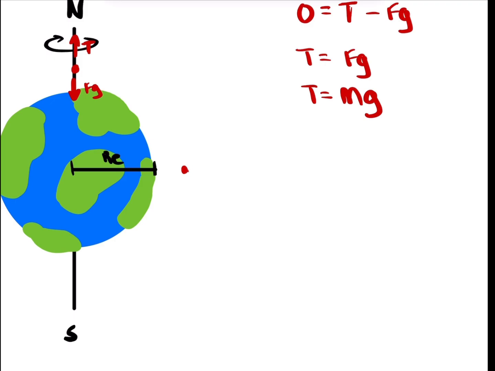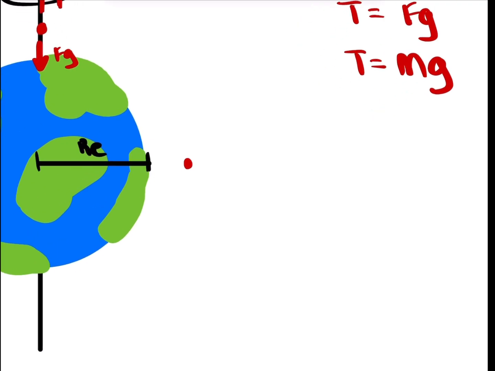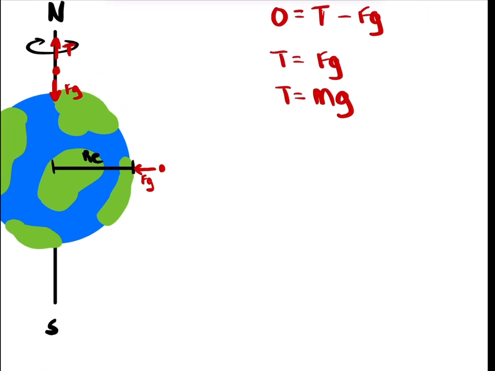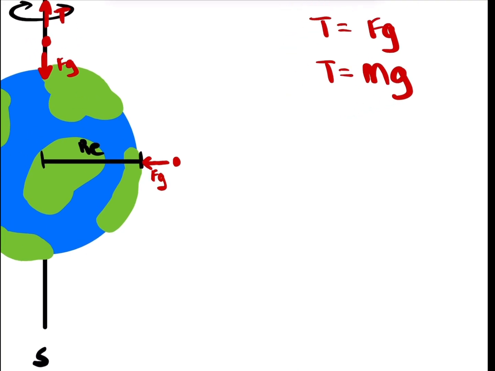Of course, Sneezy is going to experience gravity pointing towards Earth's center of mass, and he is hanging by his rope still, so tension. Now the third force we include here that's different from the North Pole is the centrifugal force, which is opposing the force of gravity pulling inwards.